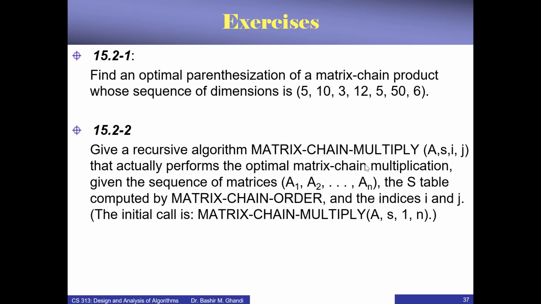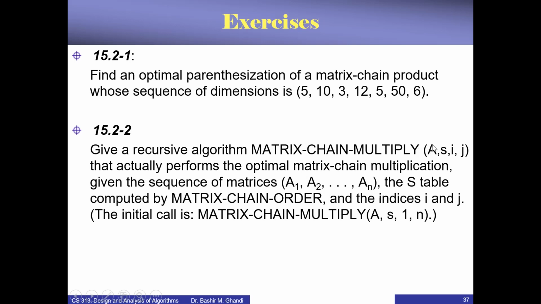Okay. The second one says give a recursive algorithm called matrix chain multiply that will take an array A, an array S, and then i and j that actually performs the optimal matrix chain multiplication given the sequence of matrices A1, A2, and so on until An.